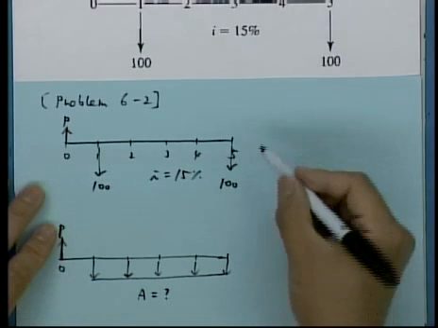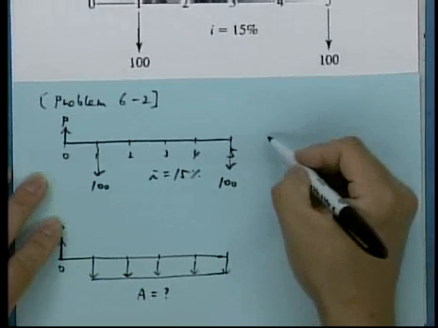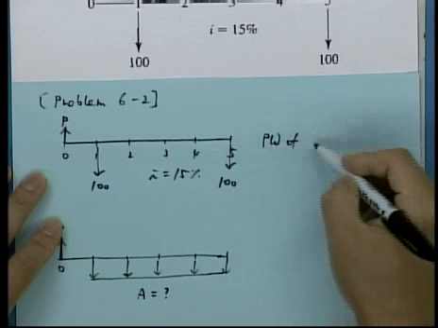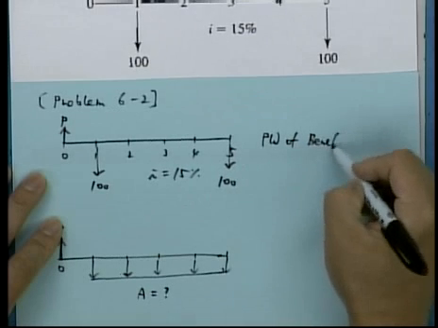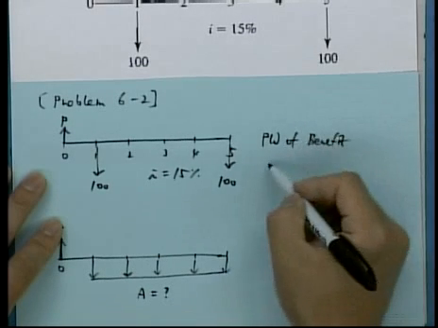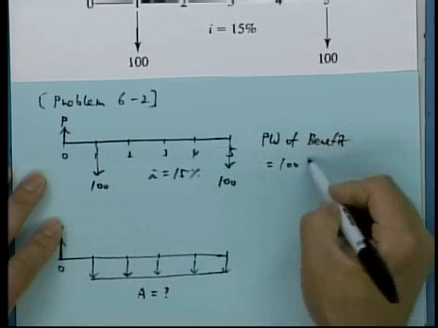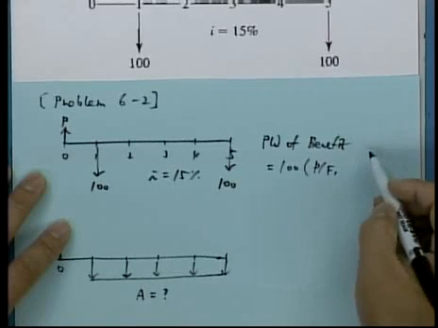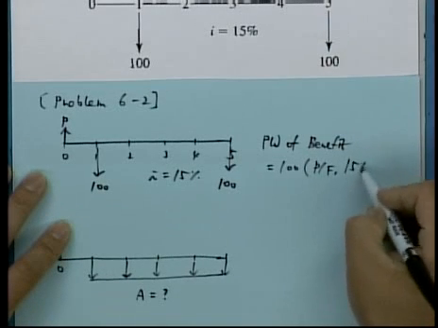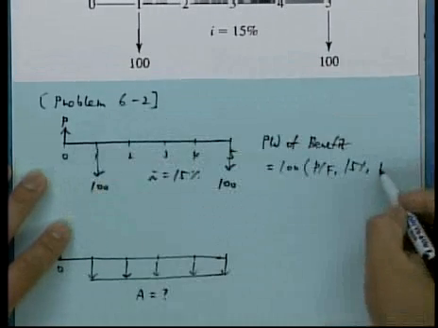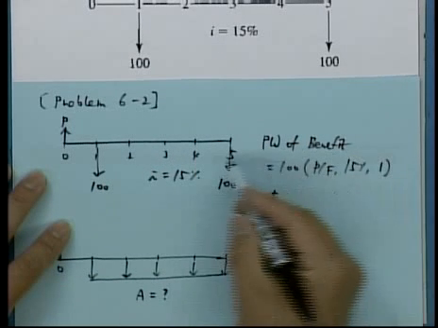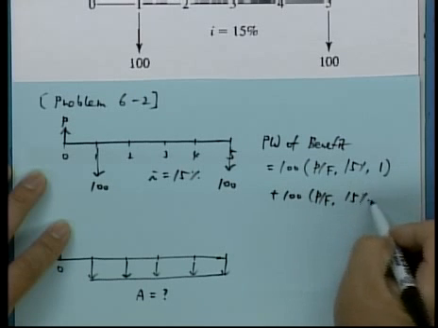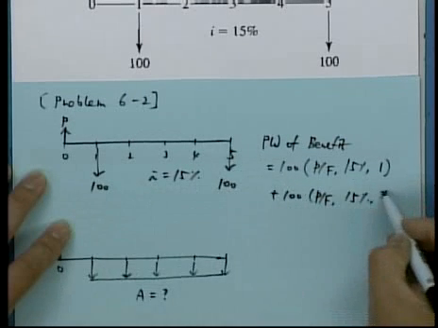So here the present worth of benefit would be 100 times P given F 15% over period 1 plus 100 P given F 15% over 5 periods.